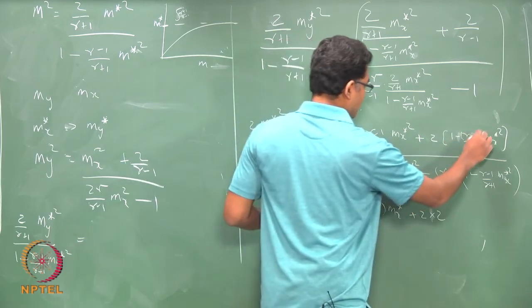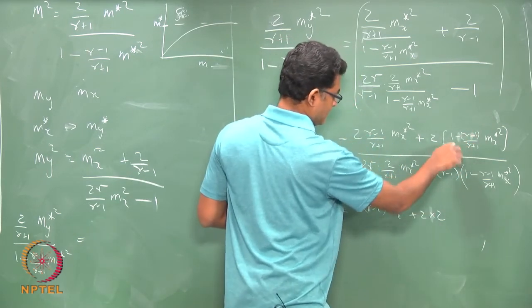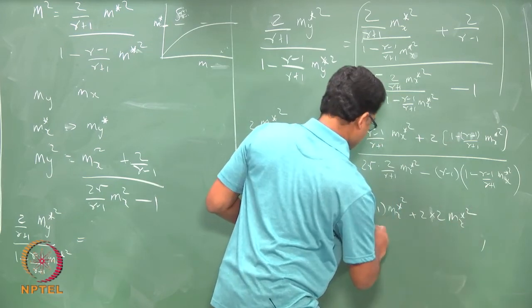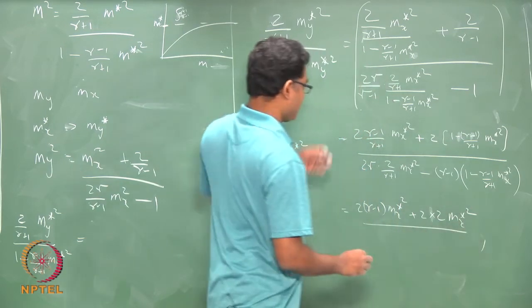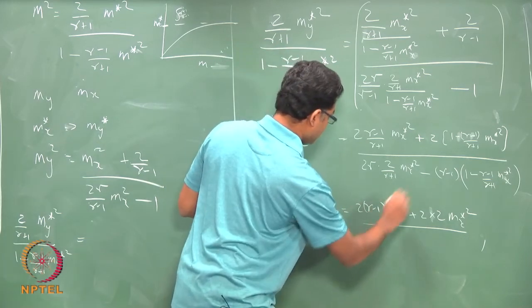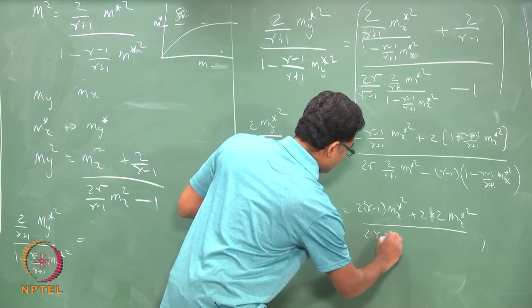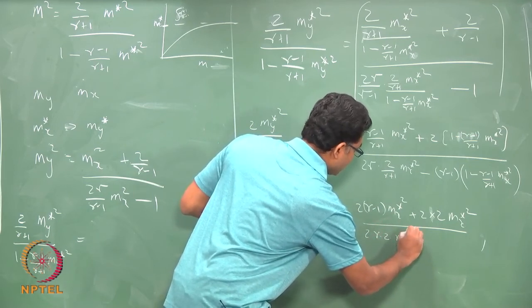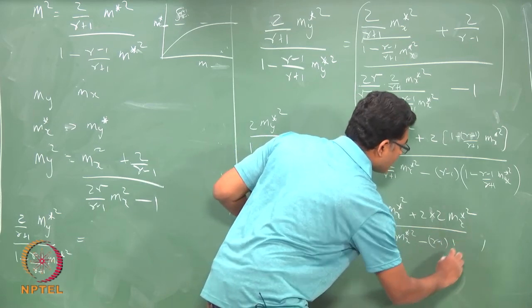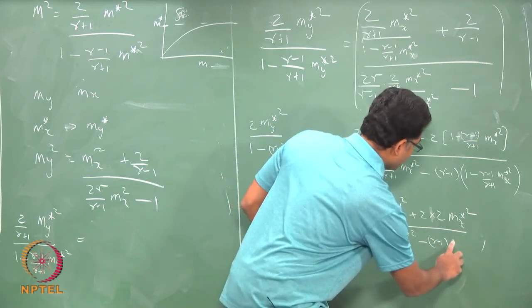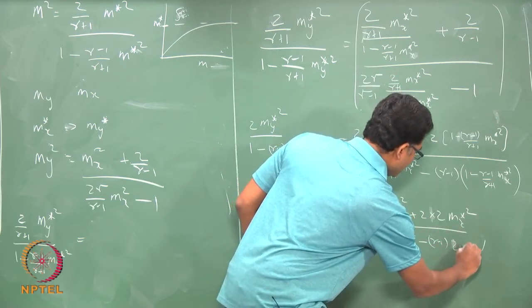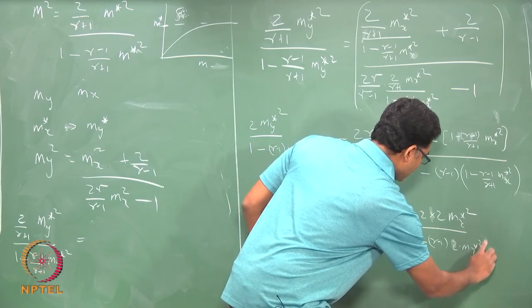So this is a bracket here. So this will be plus 1, that plus 1, 2 Mx star square divided by, so this is without the denominator. Again the same quantity, it would be 2 into Mx star square.